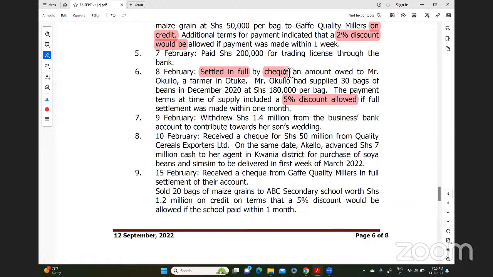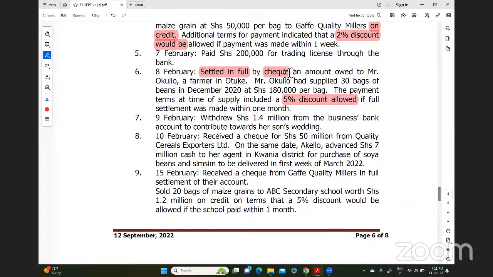Now, they didn't specify which day in December. You take it the way it is. Don't bring in assumptions, like what if it was 1st of December? Then it doesn't qualify. They didn't specify. They said beans in December 2020, so you take it in its general terms.